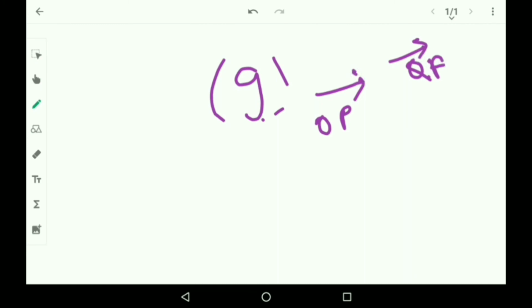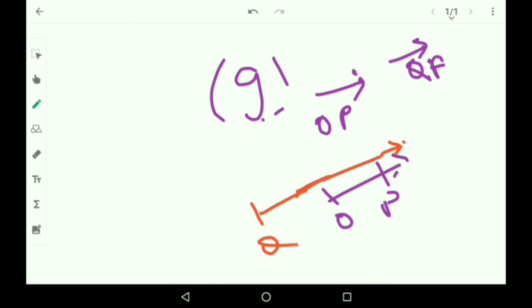OP will be starting from here. QP will be from here. This will be QP. So both the rays are different because both the starting points are different. This is Q and this is O. So for subdivision G, the statement they've given, both are different. So that will be true.